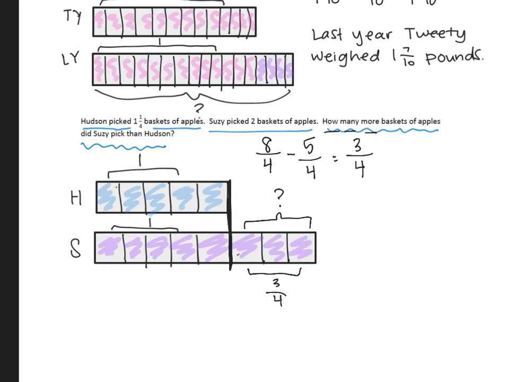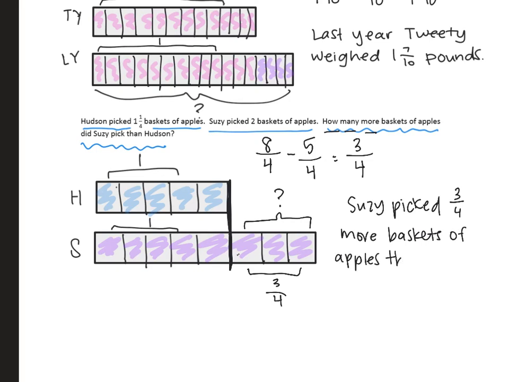Okay, so restating that question, how many more baskets of apples did Susie pick than Hudson? Susie picked 3 fourths more baskets of apples than Hudson.